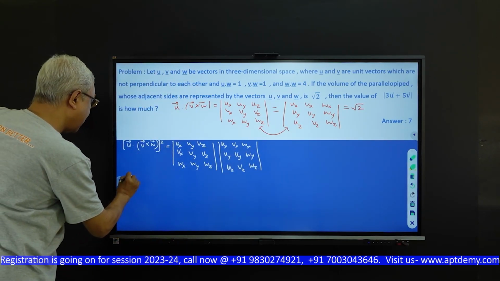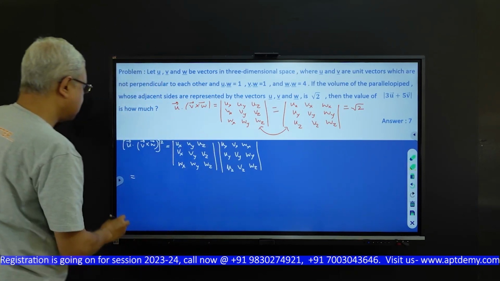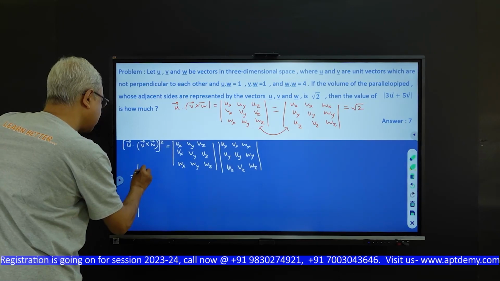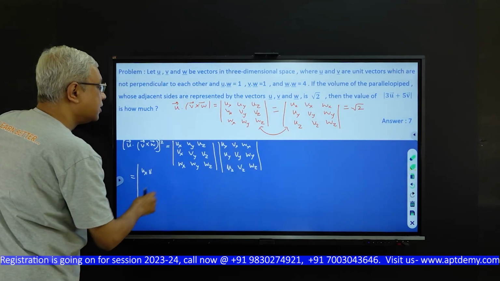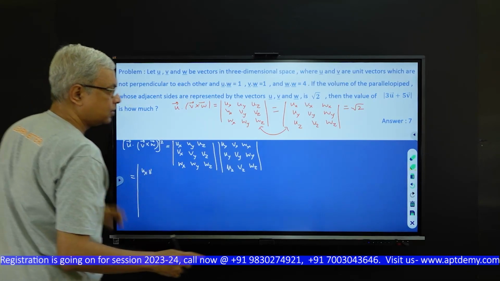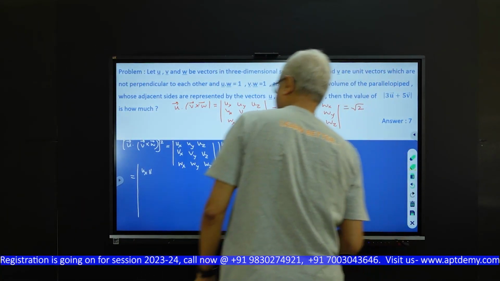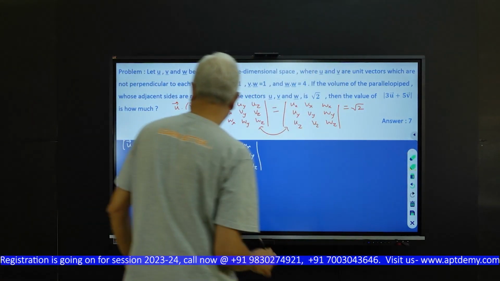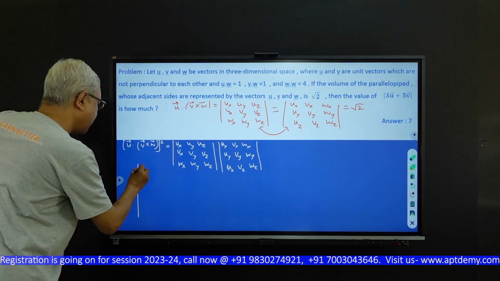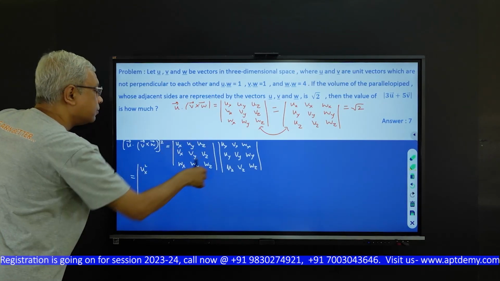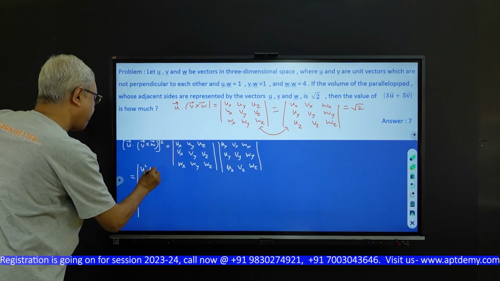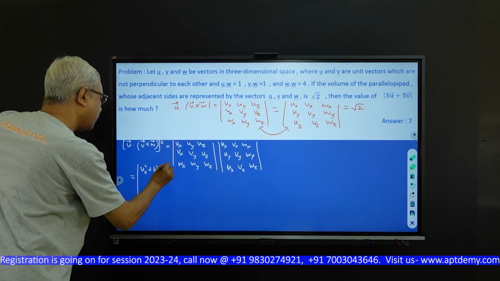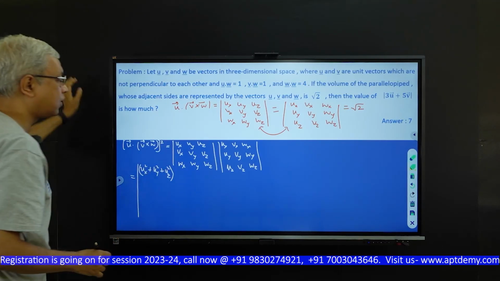So what I can do? The product I can write like this. The first term is Ux into Ux, or Ux square. So let me write this as Ux square plus Uy square plus Uz square. This is the first row, first column element.